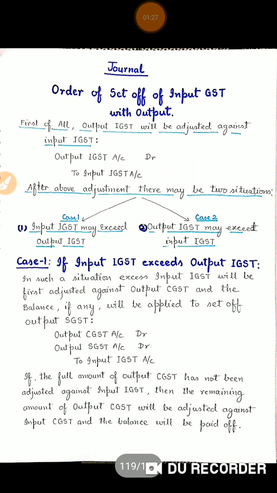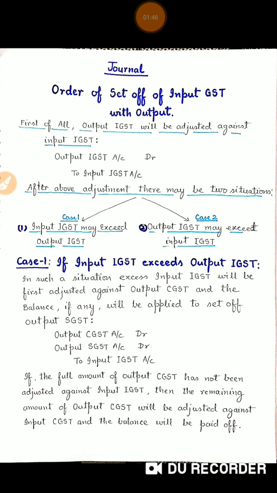The balance of output GST will be paid to the government. So what is the process recommended by the law? Here I would like to explain.